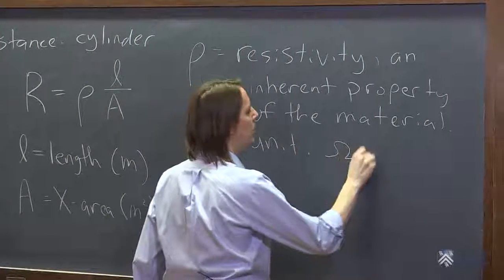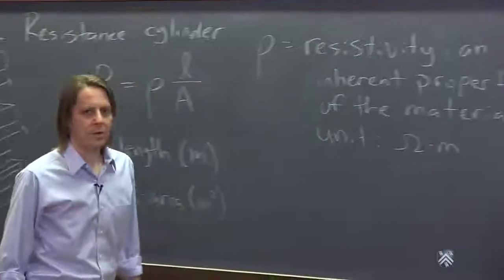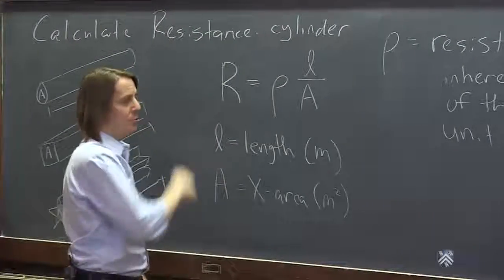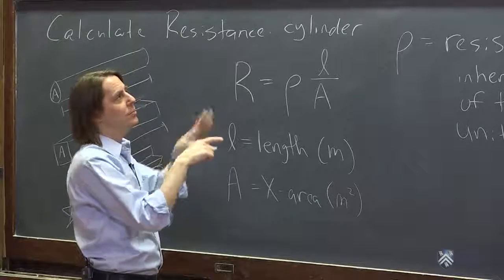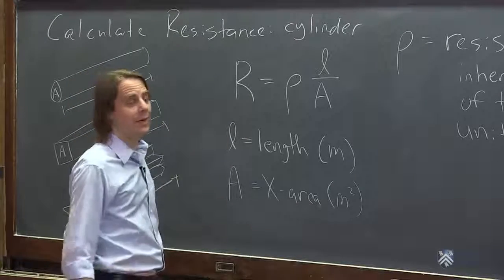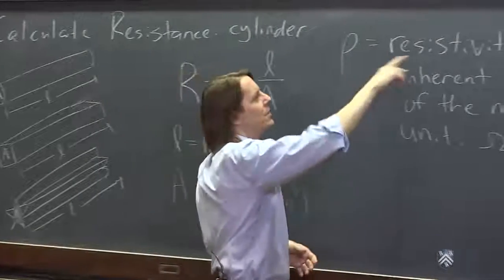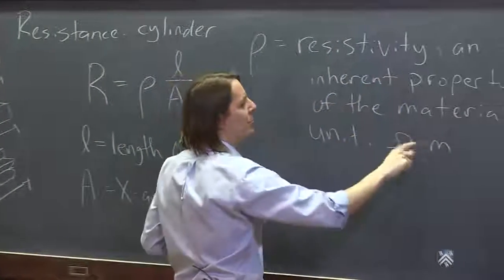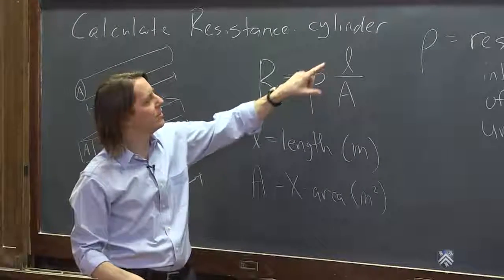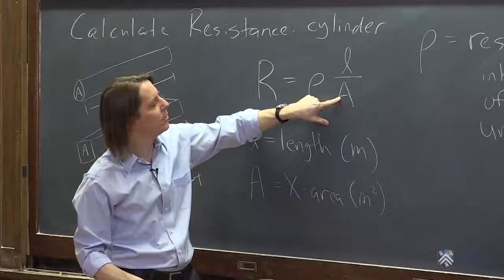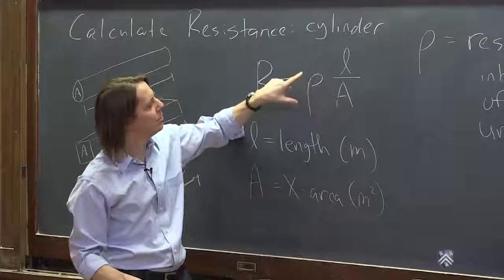And the unit of rho is ohm meters. Before, I told you resistance, the one we're about to do, is in ohms. That's basically V equals IR, so an ohm is equal to a volt per amp. But to turn this into a resistivity, an inherent property, you have to multiply it by meters, basically because of this formula. If rho is in ohm meters, and L is in meters and A in meters squared, then you have 1 over meters times ohm meters, which is ohms.